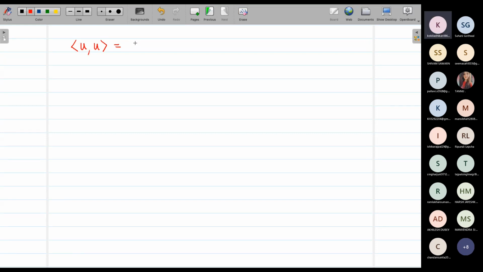Conjugate symmetry: u comma u star is equal to u comma u. Which means what? This puts some constraint on u comma u. It will be a purely real number. Very good.